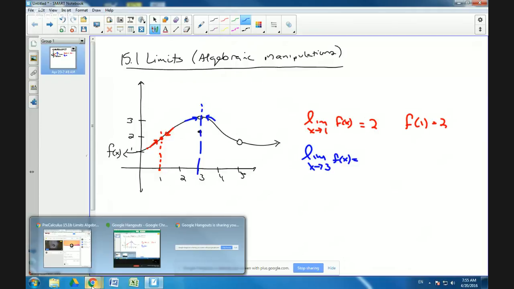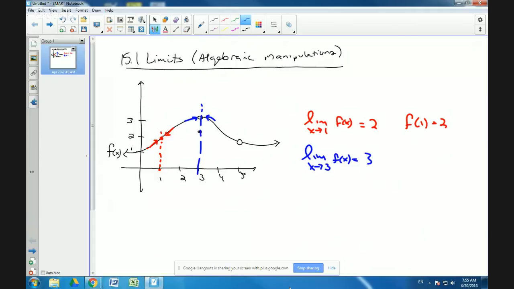My graph is not perfect. So again, this illustrates the point that a limit is where you're going, not where you land. Okay. In this case, what is f of 3? It's this point here, right? So what, 2.5-ish?